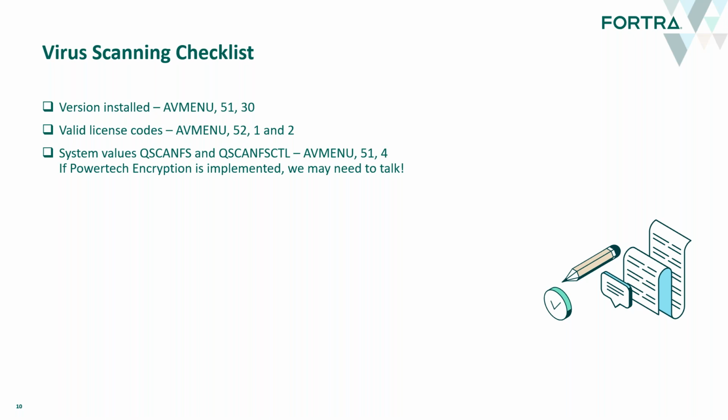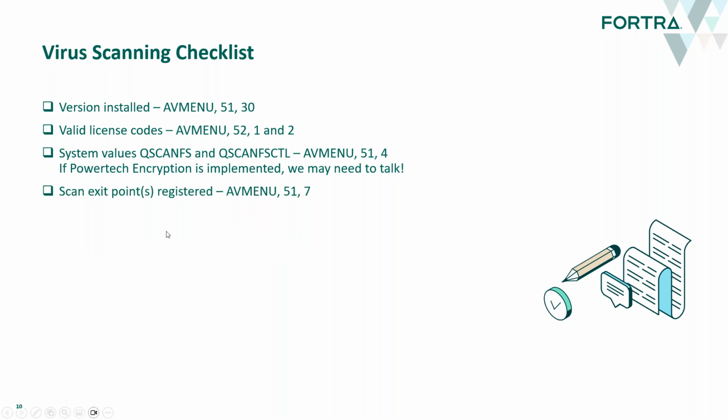So there might be another system value, but in most cases, QSCANFSCTL should not be set to *NONE. If you have Powertech Encryption implemented, we need to talk, because if you're using the integrated file system encryption and encrypting your IFS files and directories, we have a little bit of a different strategy for you. So those things need to be set correctly in order for the software to function as it should.